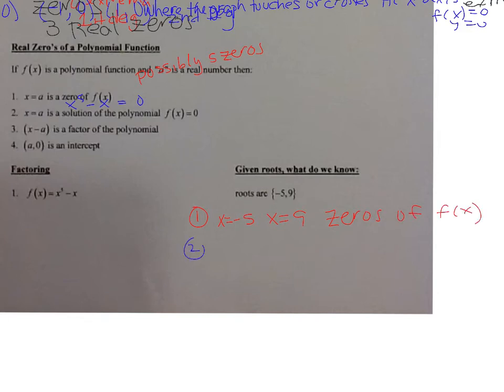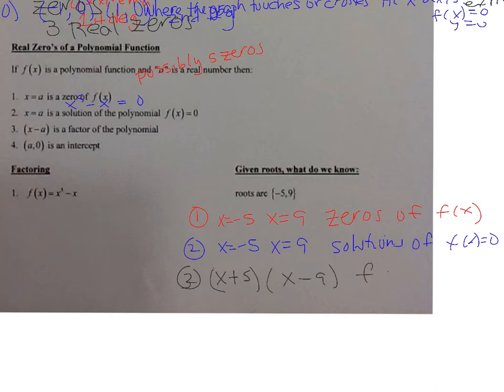Another thing I know is this. X equals negative 5, x equals 9 are solutions of f of x equals 0. I also know this. Number 3, sorry. That x plus 5 and x minus 9 are factors.